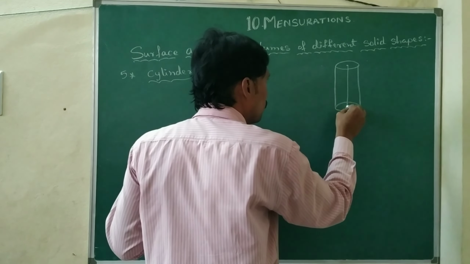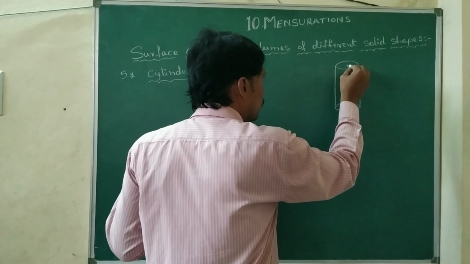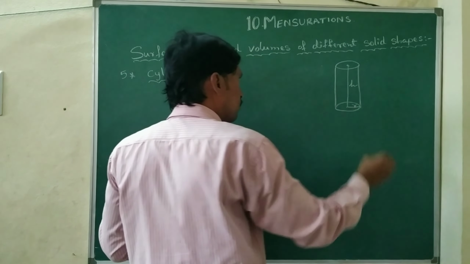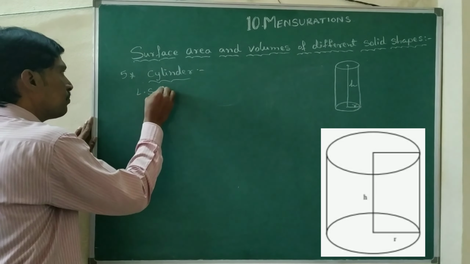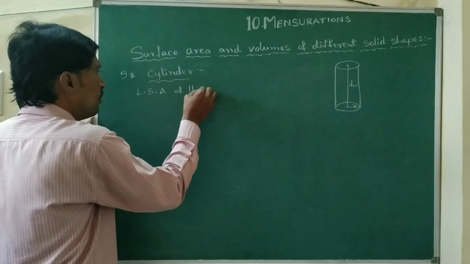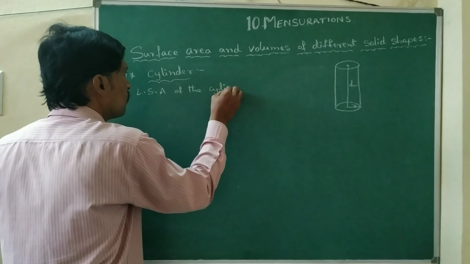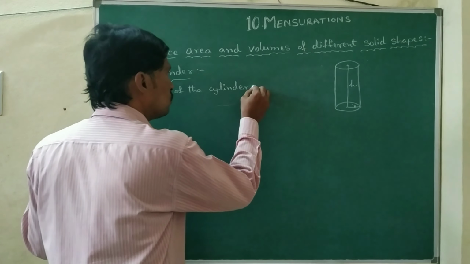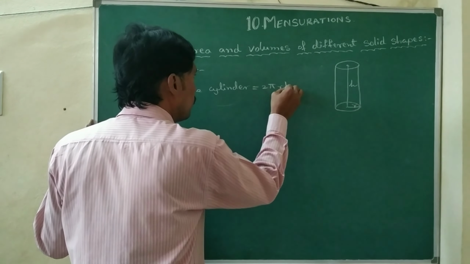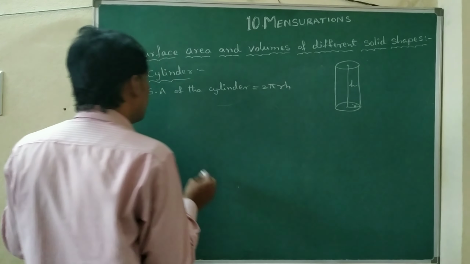The joining of two midpoints of the circles is the height of the cylinder. Now what is the LSA of the cylinder? LSA of the cylinder equals 2 pi RH. That is the formula for the cylinder.